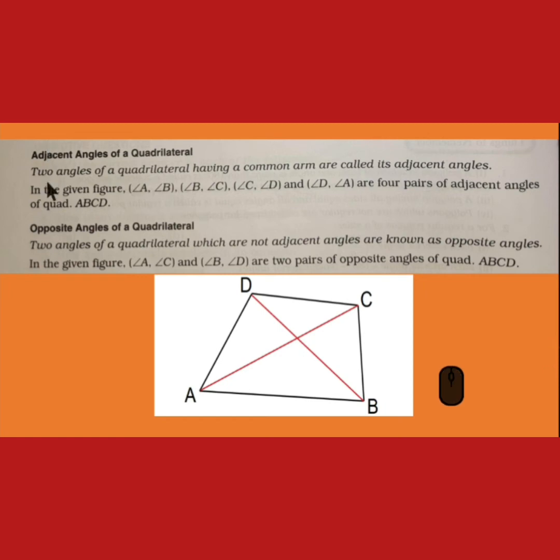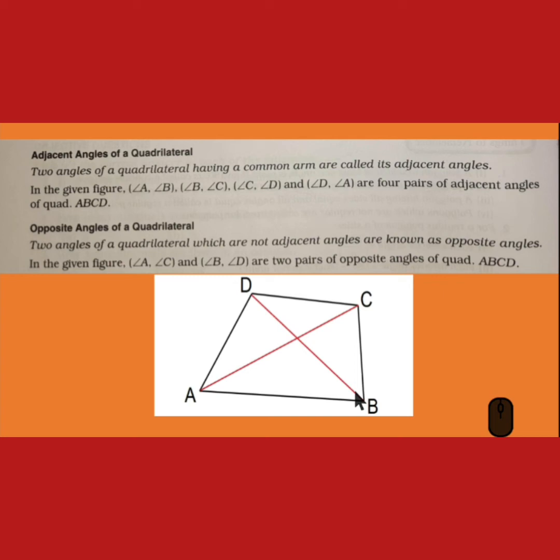Next is adjacent angles of a quadrilateral. 2 angles of a quadrilateral having a common arm are called its adjacent angles. So when we see angle A and angle B, the common arm is AB. So angle A and angle B are adjacent angles. Similarly, angle B and angle C, the common arm is BC.